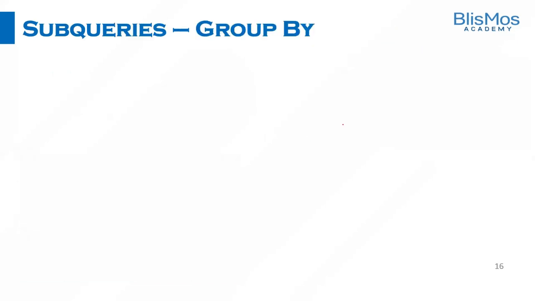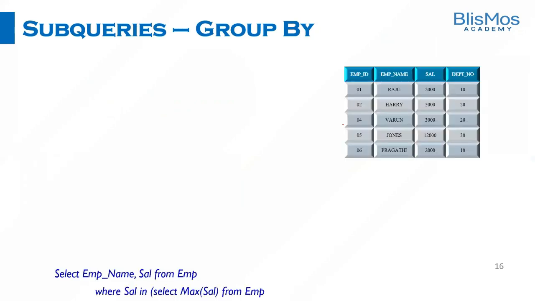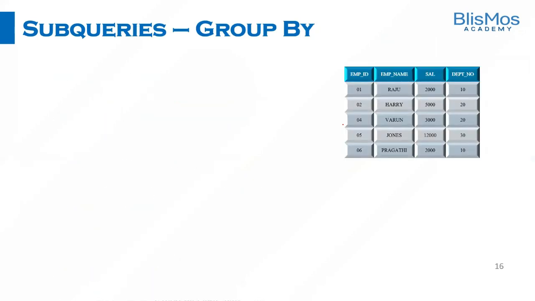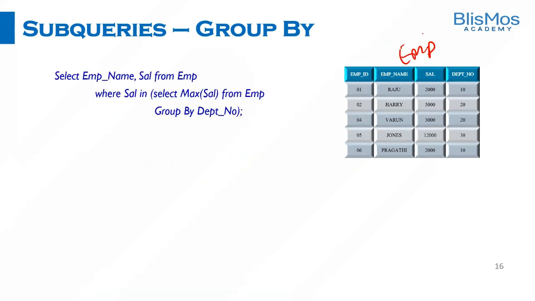the department name. How does the subquery work in the group by? Very simple. We have already understood how the group by works. So what we want to do is, in the EMP table, we want to select the maximum salary from each department. So we'll select the maximum salary by grouping on department number in a subquery, and then we'll choose the employee name and salary in the main query.